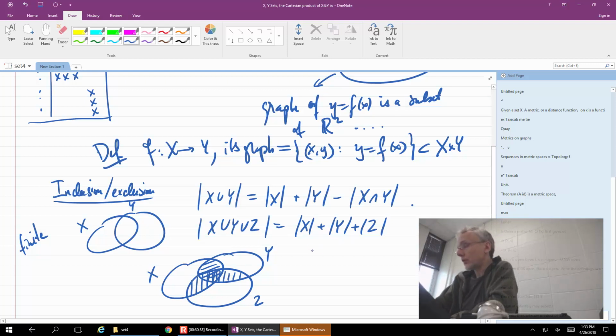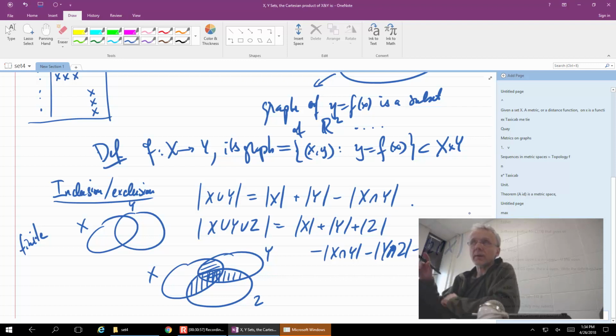So what do we do? And this is the trick. You subtract the pairwise intersections. So x intersection y, minus y intersection z, minus z intersection x. I subtract it. Now you see what the problem is. I subtracted the sizes of the pairwise intersections. So I subtracted these.